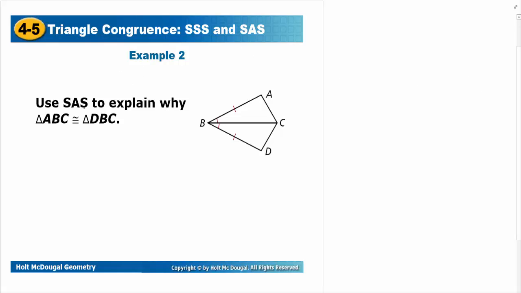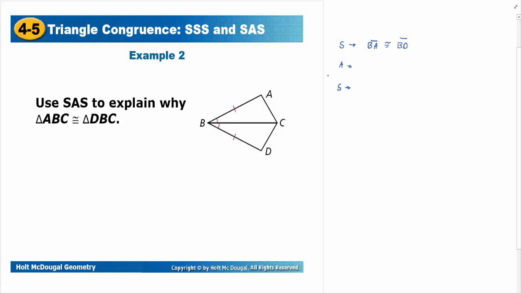Alright, so real quick, we're going to use side, angle, side to explain why these triangles are congruent. Let me write this up. I'll do it this way this time: side, angle, side. My sides here, I have to use my angle in between, but I've got my sides that are given. I have BA is congruent to BD.